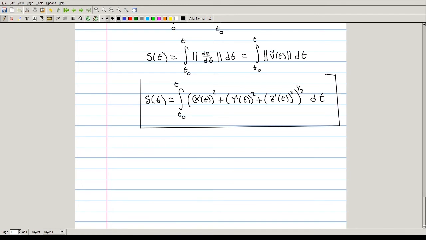So if you have to figure out the arc length along a curve, this would be the formula that you would have to use. You have to figure out the magnitude of the velocity vector as a function of t. Then you have to integrate that magnitude function, and it could very well be very complicated.